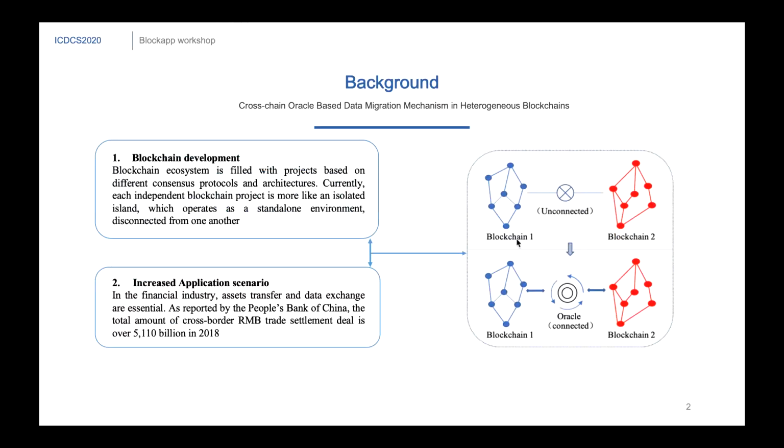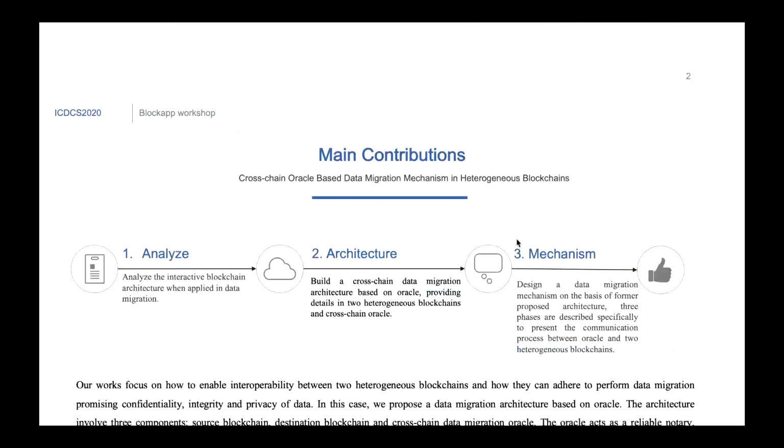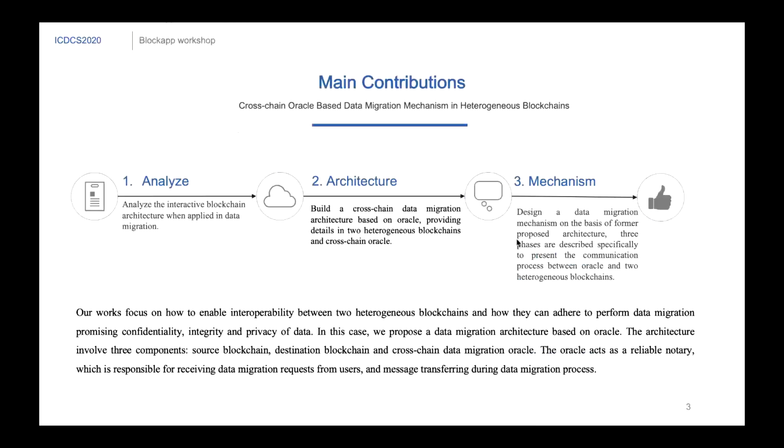So in this case, our work focuses on how to enable interoperability between two blockchains, and how they can perform data migration, promising confidentiality, integrity, and privacy of data. So, in summary, we make the following contributions. The first one is to analyze the interactive blockchain architecture when applied in data migration.